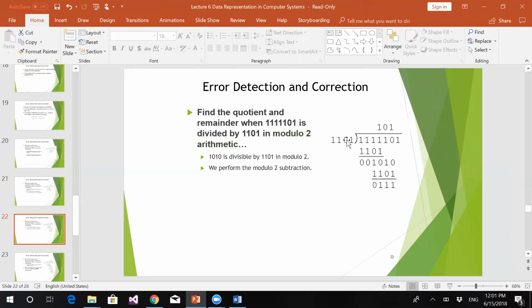We use this number to divide 1101, and here is 1. Down here, we should have the remainder 1 and 0. Continuously, we write one number 1, and then here the result is 0. Another number 0, the result is 1. So we have 1101 here. Then we are going to calculate the result actually using modulo 2 subtraction, but it's pretty easy to understand.